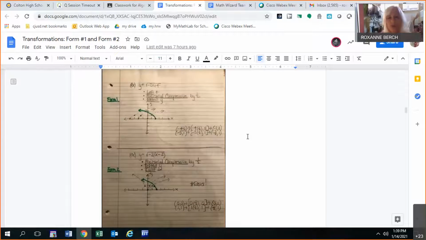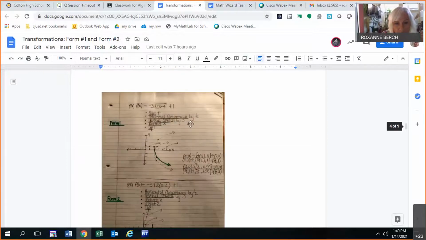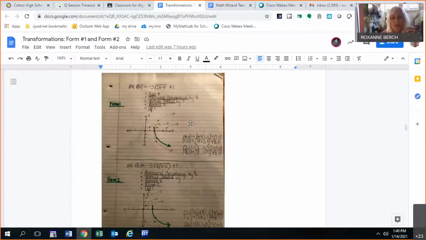So here's another square root. Now, to me, form 2 looks harder. But if you look at the work, multiplying out, actually, it seemed to be easier in this particular problem. Okay, here's square root again.